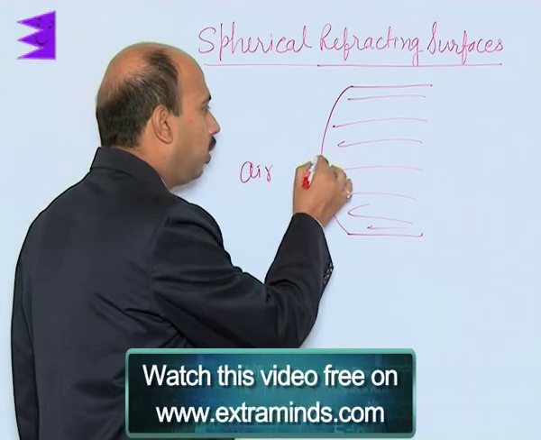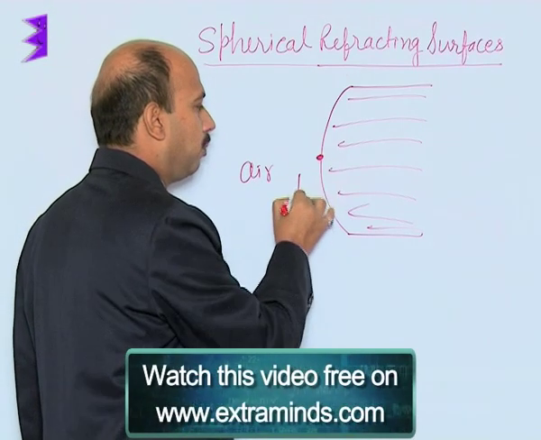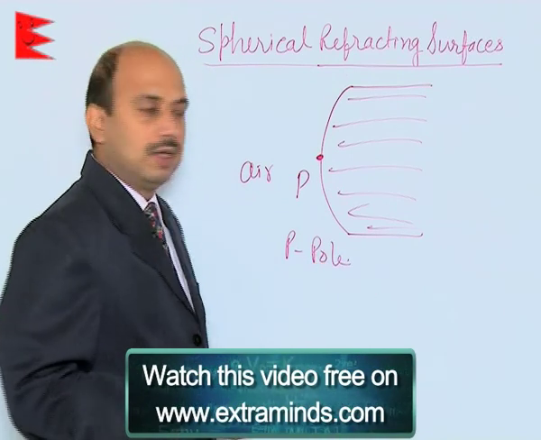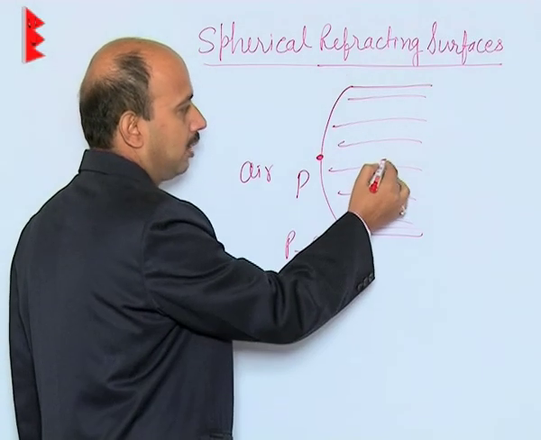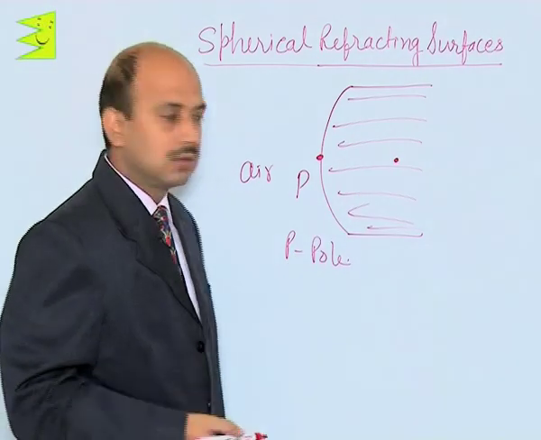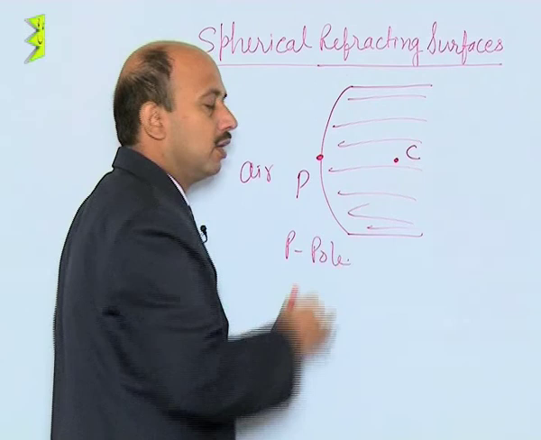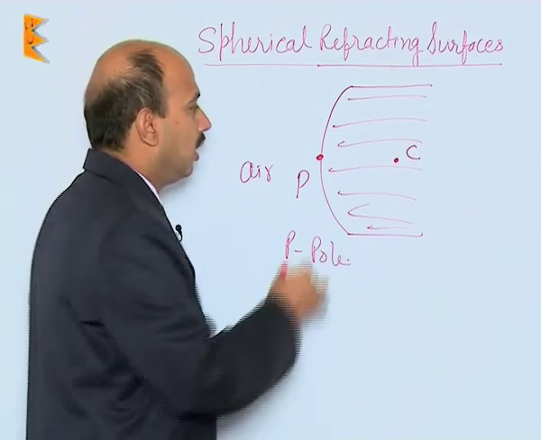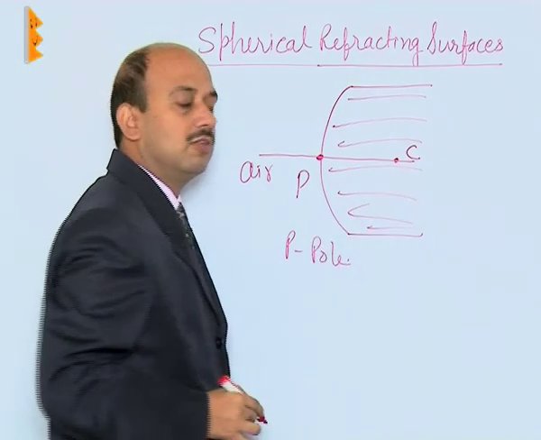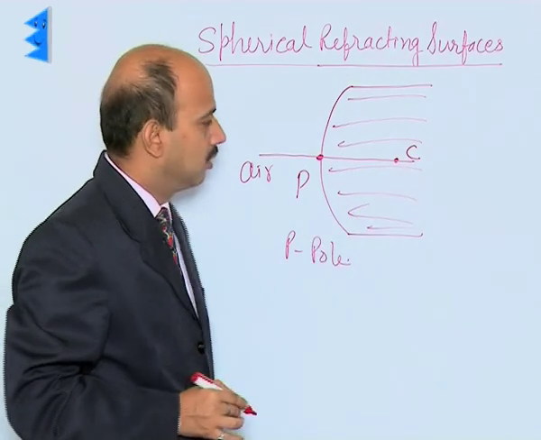First, the midpoint of this surface is known as the pole, where P stands for pole. The center of this surface, that is, the center of the sphere of which this surface is a part, is known as the center of curvature. The straight line joining P and C is known as the principal axis.